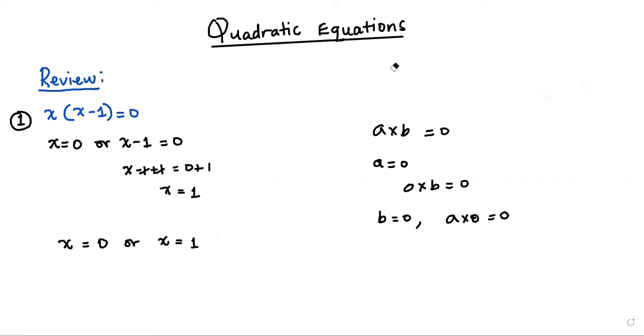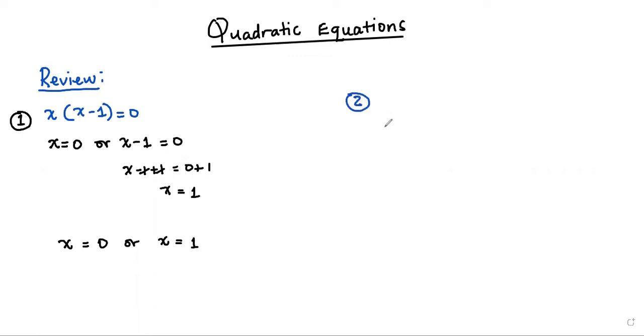Now, let's get another review that we looked at last time, then we begin our lesson of today. We can also have number 2, let's say, 2x into x plus 1 equals 0. So the same applies.